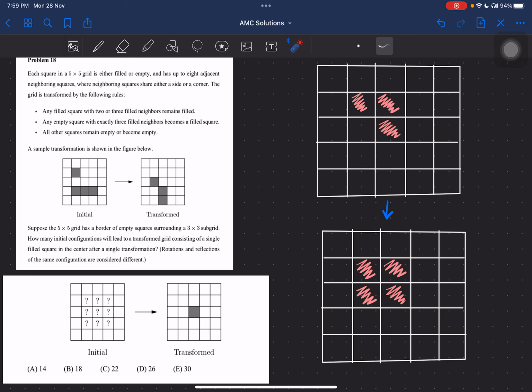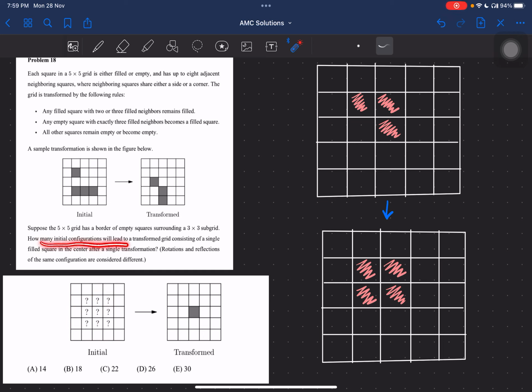So let us now try to understand what the problem is. Suppose the 5 cross 5 grid has a border of empty squares surrounding a 3 cross 3 subgrid. So this is a 3 cross 3 subgrid and all of these are empty.